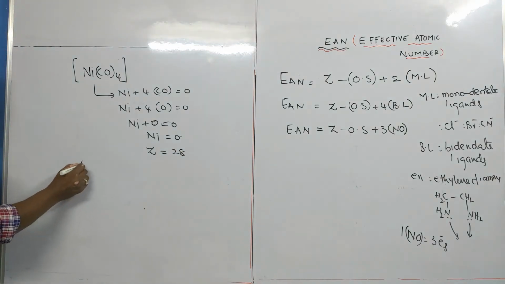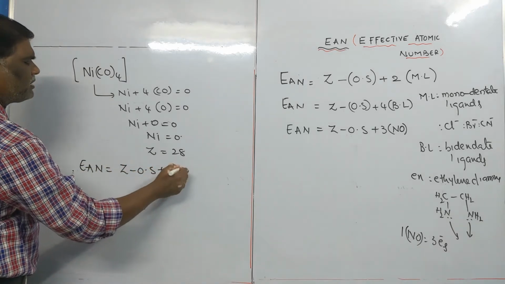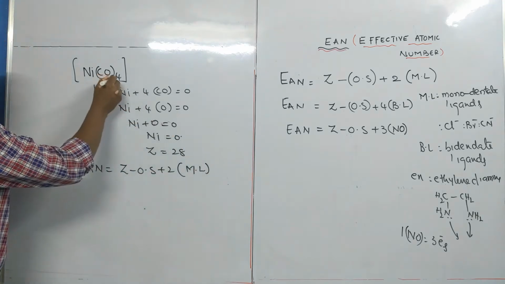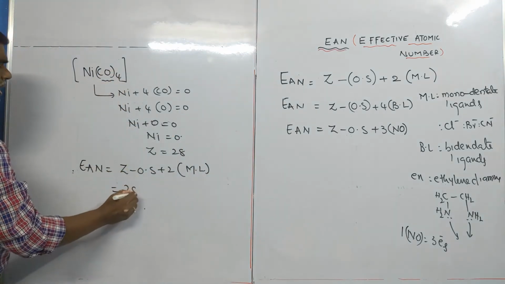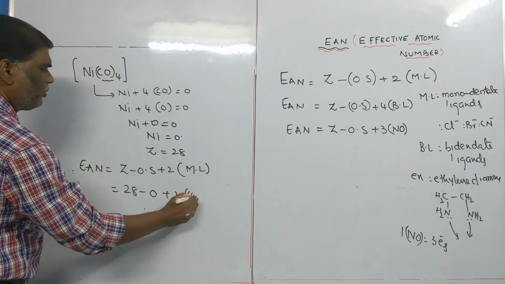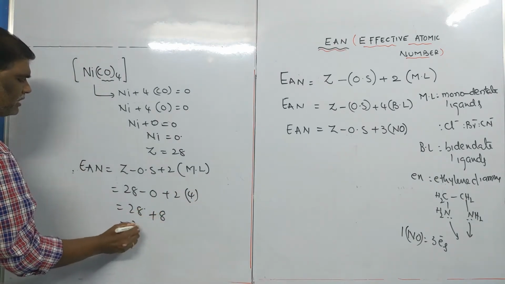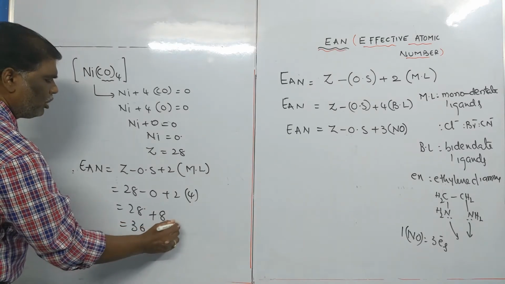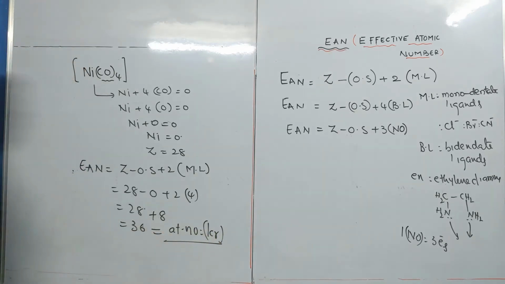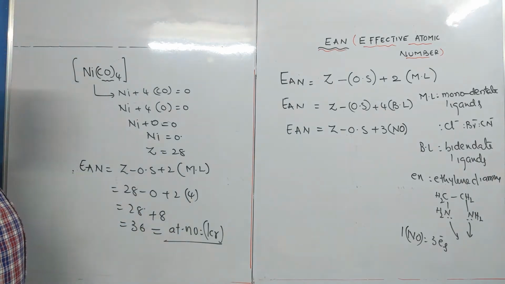Now, what is the formula? EAN is equal to Z minus oxidation state plus 2 into the number of monodentate ligands. CO is monodentate. So 28 minus 0 plus 2 into 4 ligands, so we write 28 plus 8, that means 36. 36 is the atomic number of krypton, so it has the electronic configuration of the nearest inert gas.